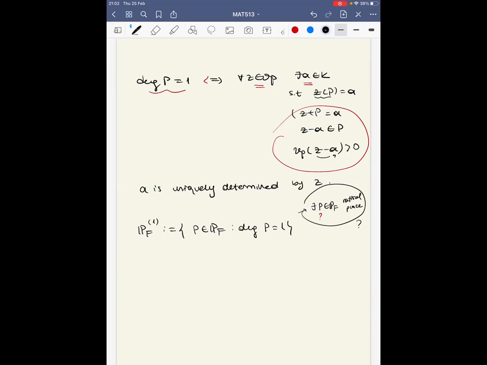But at least if K is algebraically closed, again in the discussion session, we will see that all places are rational.